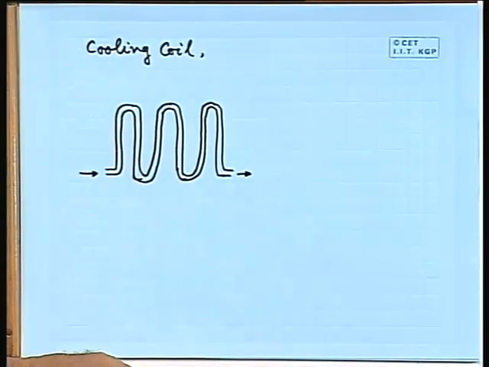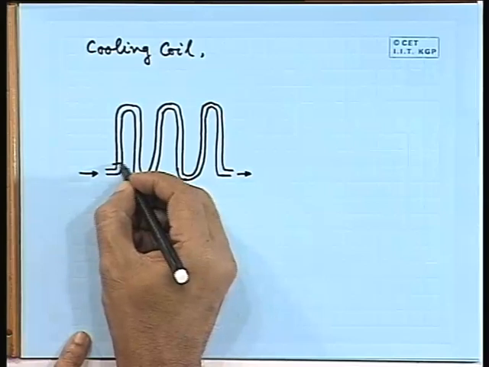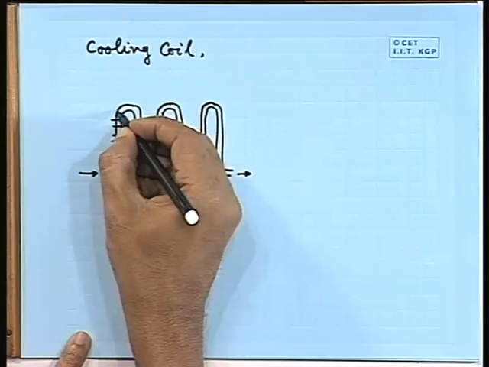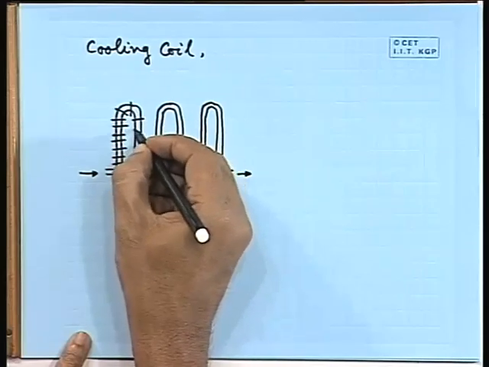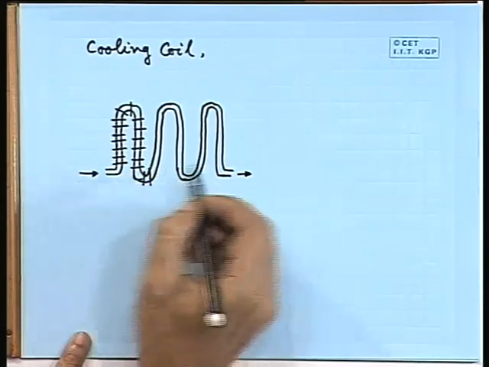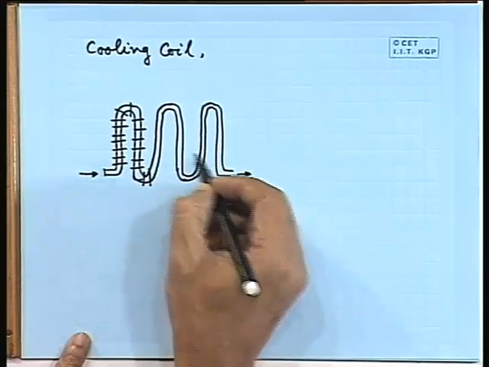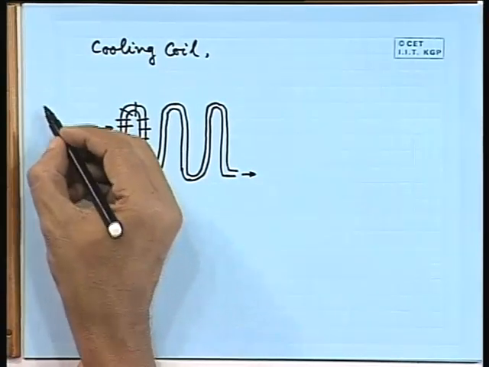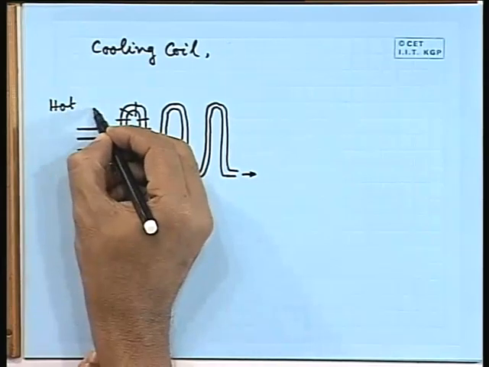Basically, this is nothing but the evaporator of the refrigerant. With this coil, for better heat transfer, we have fins outside the coil, so in most applications it is a finned coil. Refrigerant passes through it and evaporates, so it will absorb heat from the flowing air. This is air, hot and humid air.